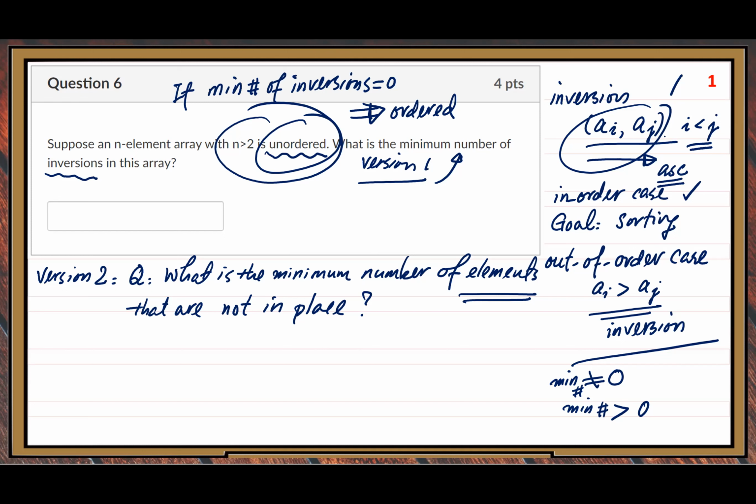So the answer is different. When you answer this question, you need to answer the version 1 question. Do not answer the version 2 question, because it's very likely some of you may answer version 2, not version 1. Even I myself got confused.